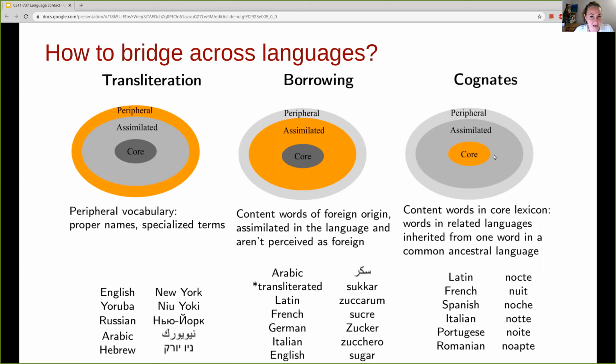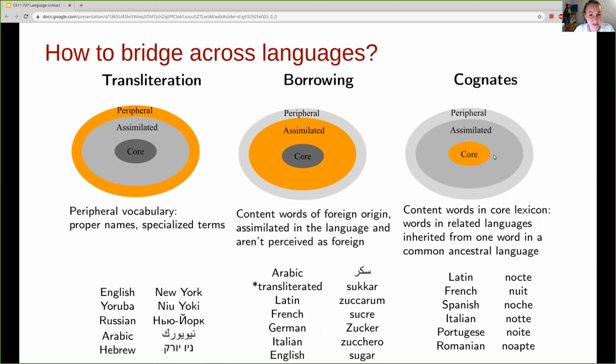So cognates are core vocabulary words, and if we want to map between the 2 languages and identify cognate words, we would need to model phonological and morphological in addition to orthographic adaptation.